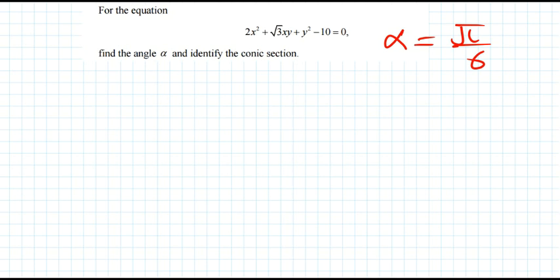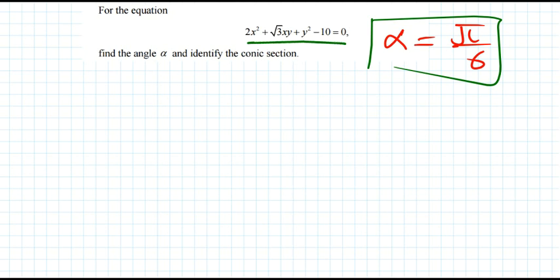Now that you've got the angle, this is similar to the previous question that we had, because we were given the angle and the equation, and whenever you have the angle and the equation, the principle is very simple. Just remember the equations. You have to find the value of x in the new x and y coordinates, and the y as well.